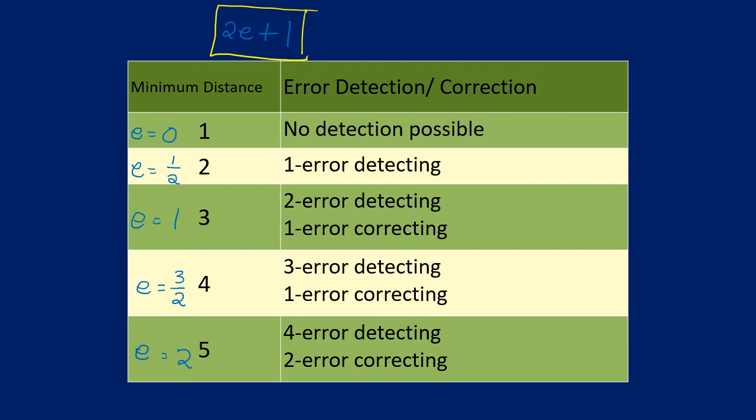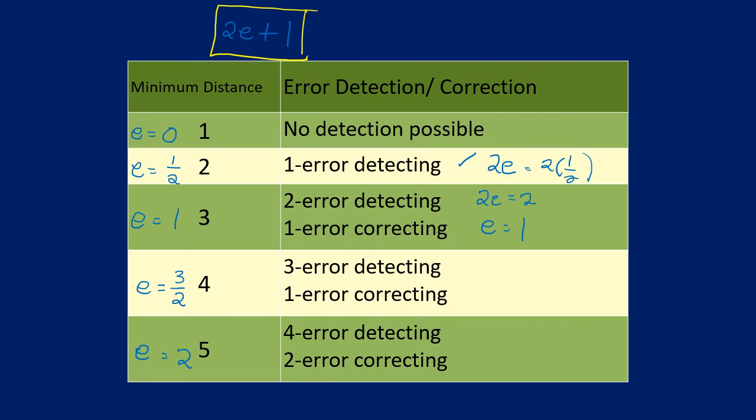So remember that here for detecting we have 2e, right? So that's why you have 2 times 1 half, you get 1 error detecting, but of course you cannot get up to 1 half error. It's not possible. So here your 2e is 2, your e here is 1.